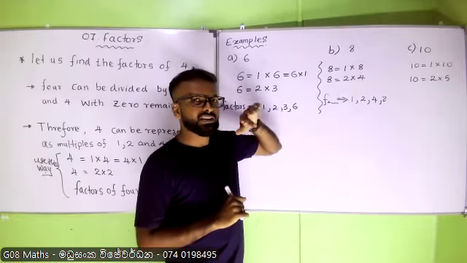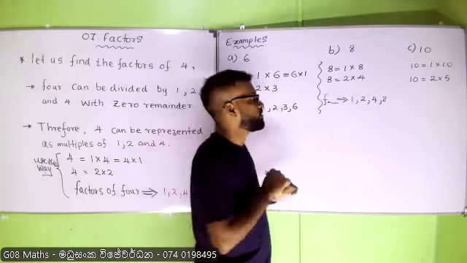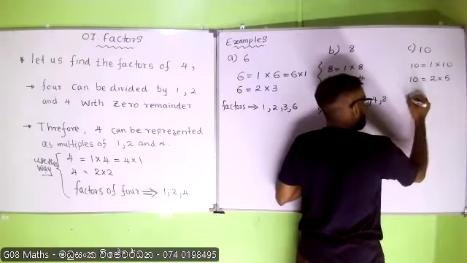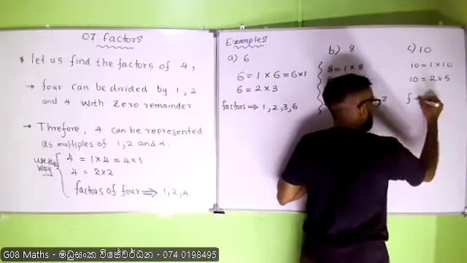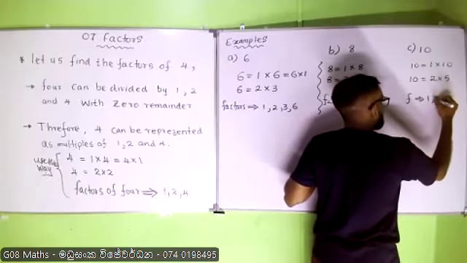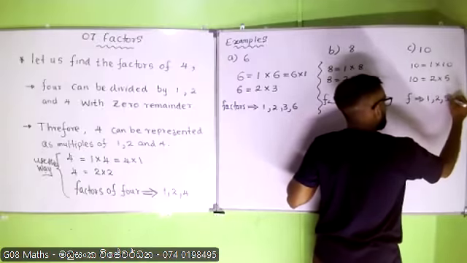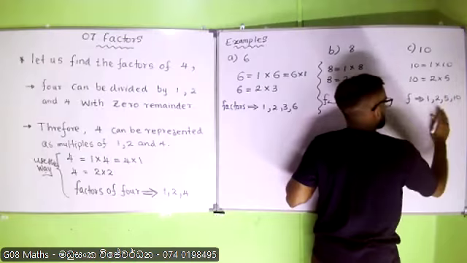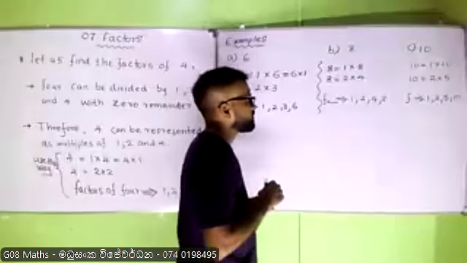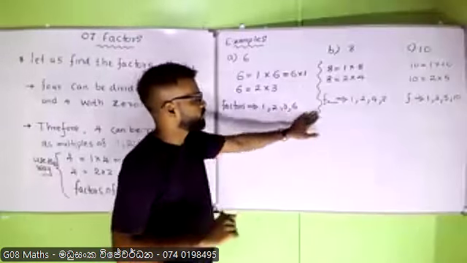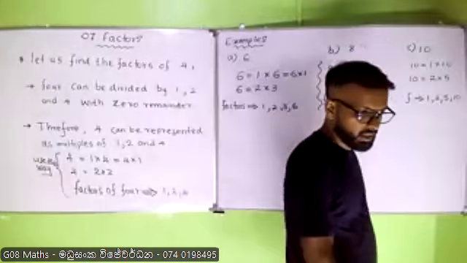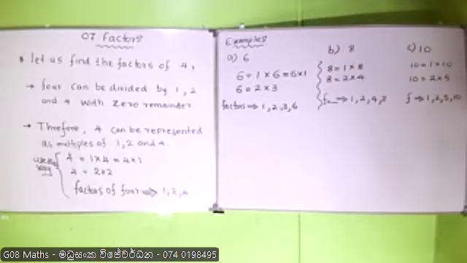Already there. 6, 7, 8, 9? No. So the factors of 10 are 1, 2, 5, 10. So this should be your answers.